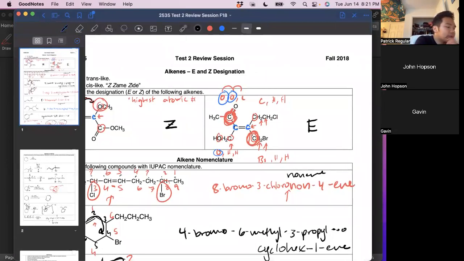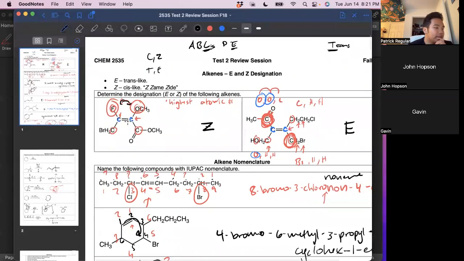My trick for remembering cis, Z, and then trans, E, is the alphabet. You have the beginning of the alphabet, A, B, C, and at the very end of the alphabet, Z. I automatically link them together because they're at the very beginning and the very end. In the inside of the alphabet, we have E, and T for trans.